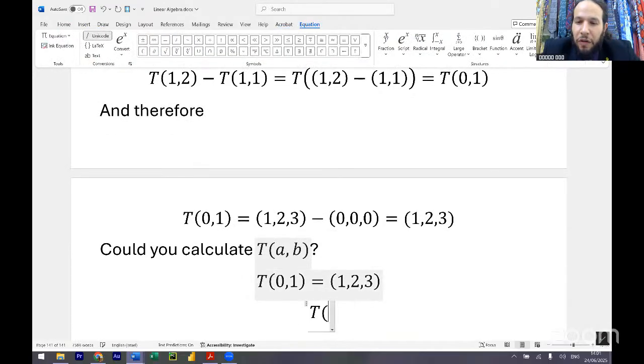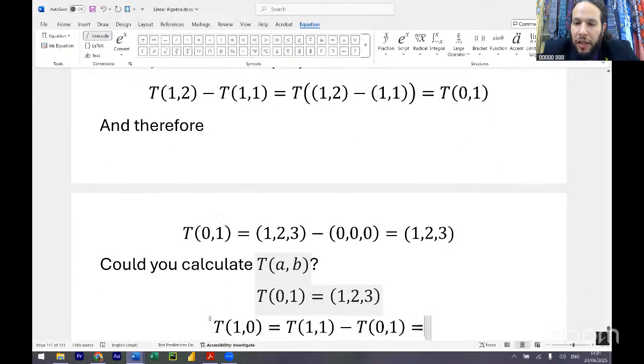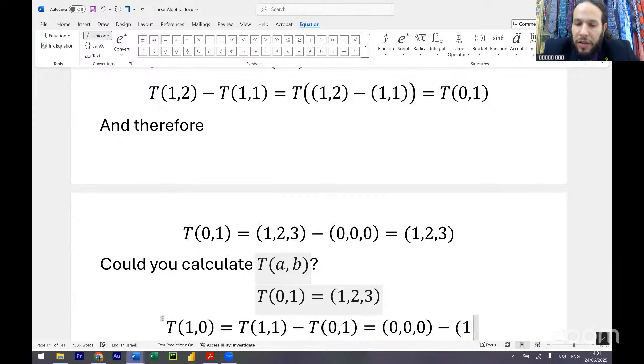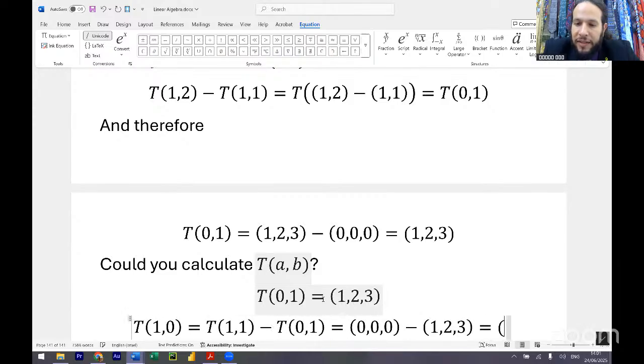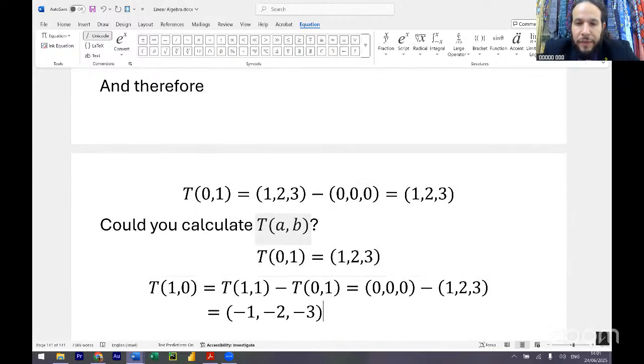What is T of (1, 0)? So we can say it's T of (1, 1) minus T of (0, 1). Do you agree about that? Yeah. What's T of (1, 1)? That's (0, 0, 0). T of (0, 1) is (1, 2, 3). So that's (minus 1, minus 2, minus 3), right?